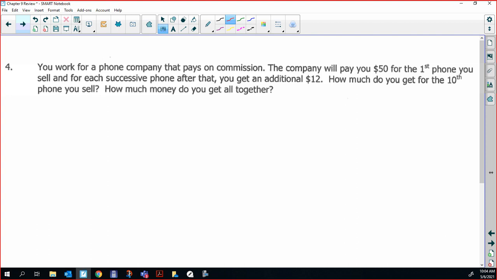The word problem, kind of the same idea. You just have to interpret it into numbers. So this says the company pays you $50 for your first sale, and then an additional $12 for each sale after that.